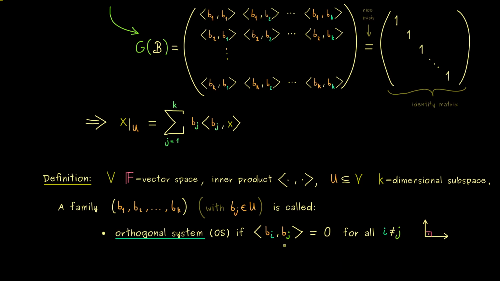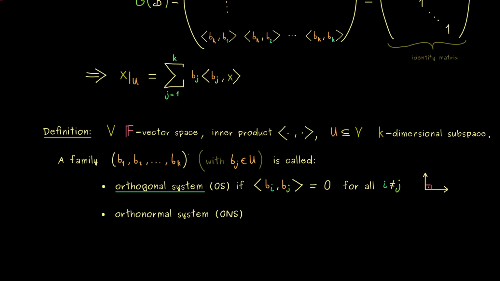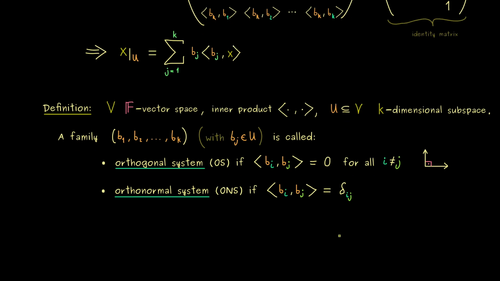Sometimes this is already helpful, so the length is not important for the vectors, but you already know we want more. Hence, the next thing here is an orthonormal system, in short ONS. And there, in addition to the orthogonality from before, we also want to set the length of each vector to 1. And you already know, for this we can use the Kronecker delta.